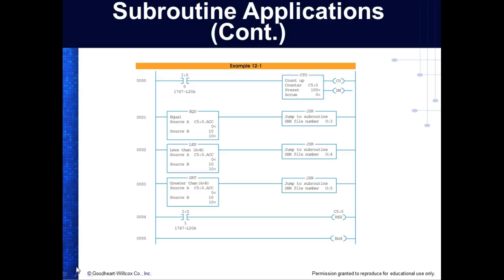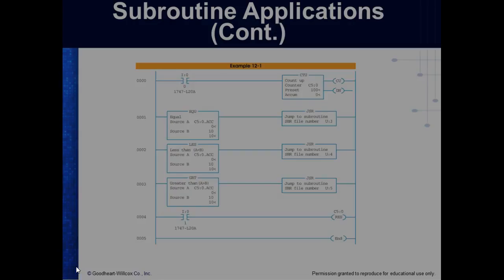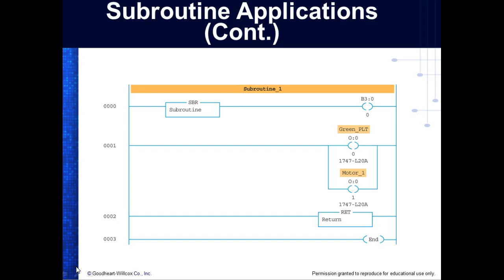So these would be conditional jumps, JSRs to subroutines. The first one would only go out to subroutine 3 when what? When the accumulator counter 0 is equal to 10.